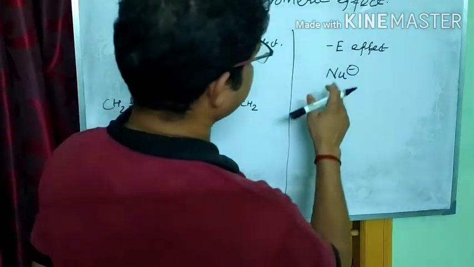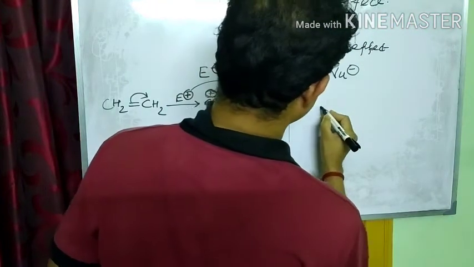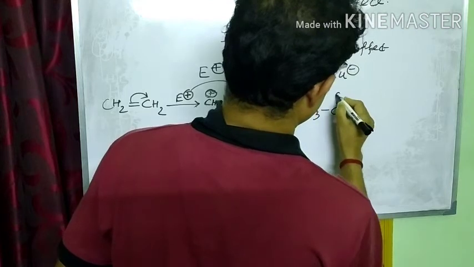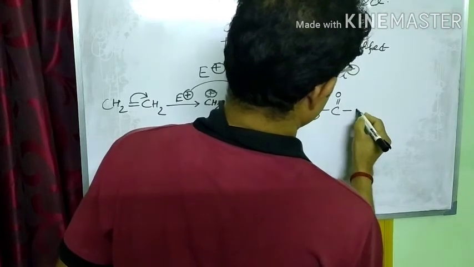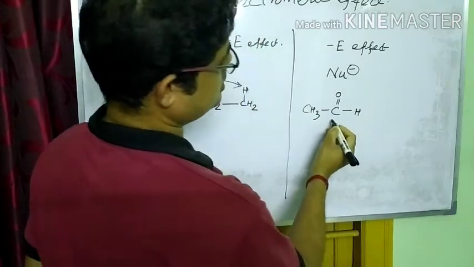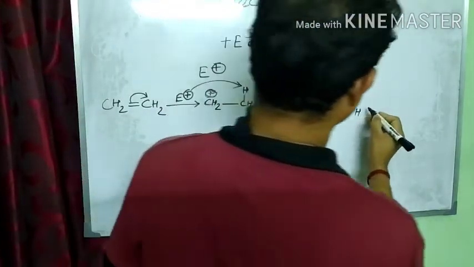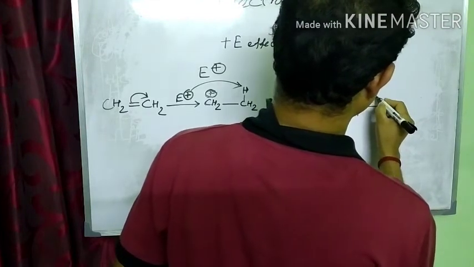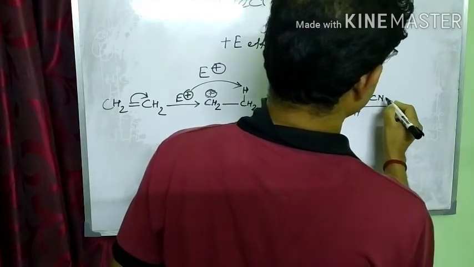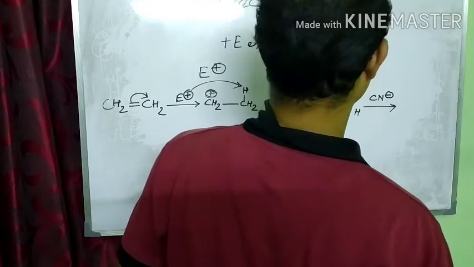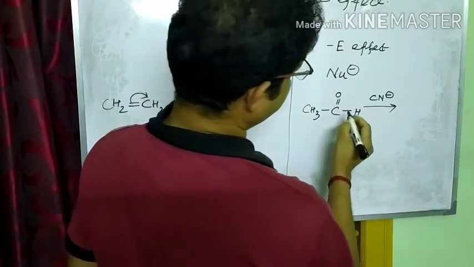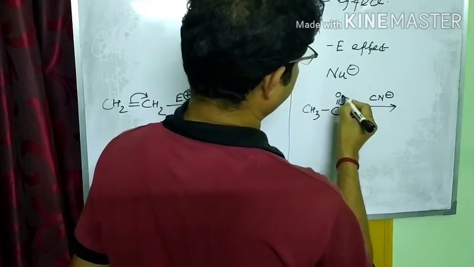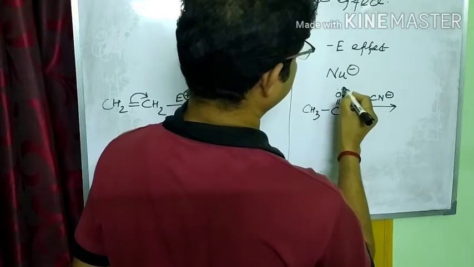Now I will show you minus E effect. Here it is a carbonyl compound, acetaldehyde. Reagent must be a nucleophile, that is CN minus. Here what happens? This pi bond breaks and electron shifts to this oxygen.